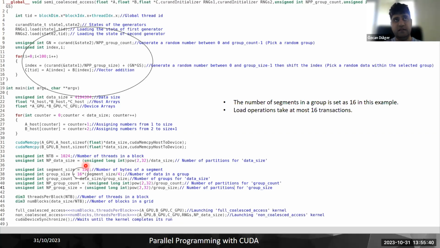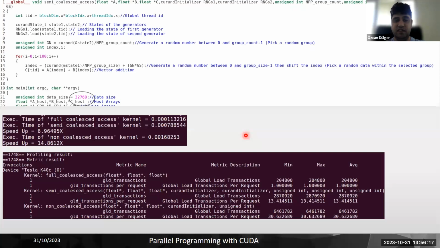So in that case, this is equal to the fully coalesced kernel. I'm sorry, the second case: if you set it as the group count, this is equal to the fully coalesced kernel. If you set it to 1, this is equal to the non-coalesced kernel. So this number enables us to obtain a trade-off between fully coalesced and non-coalesced access. And in this example, the load operations take at most 16 transactions.